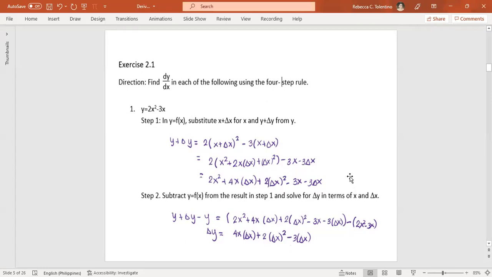Now in step 2, as mentioned in the previous slide, we subtract y equals f of x from the results that we got in step 1. On the left side, we subtract y. Previously, we just had y plus delta y. Now we have y plus delta y minus y. On the right side, we subtract f of x, or whatever y is in the given.